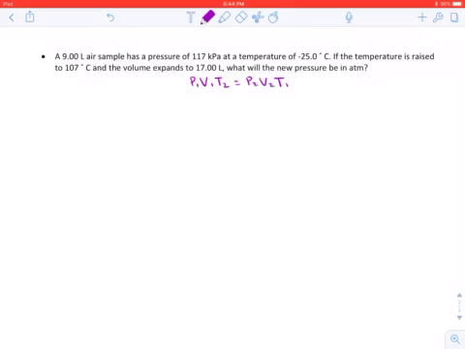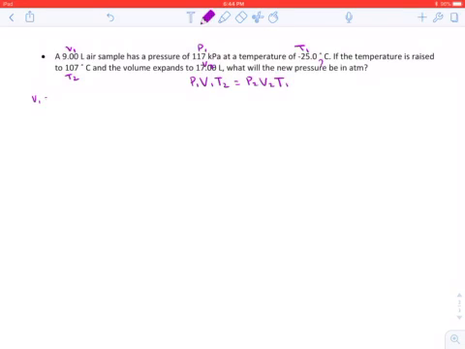So we're going to start with the combined gas law, P1 V1 T2 equals P2 V2 T1. And I'm just going to go through and write, well, 9 liters is a volume. 117 kPa, that's a pressure. This is the first temperature I see. Temperature is raised to, that's T2, and 17 liters is V2, and we're looking for P2.